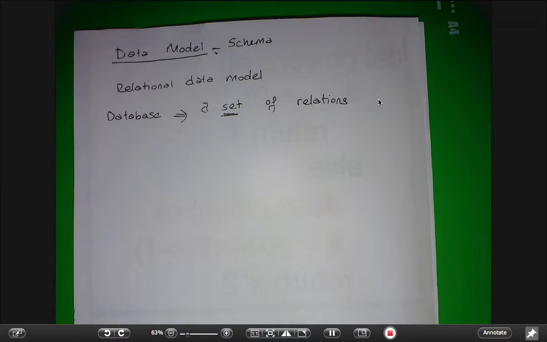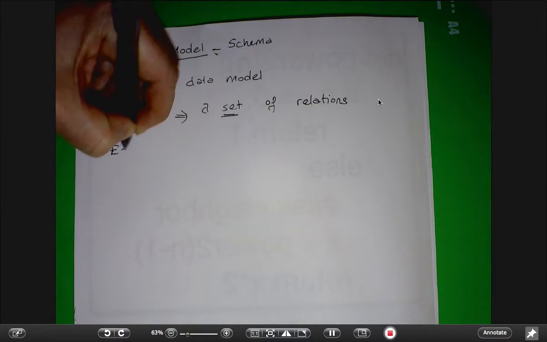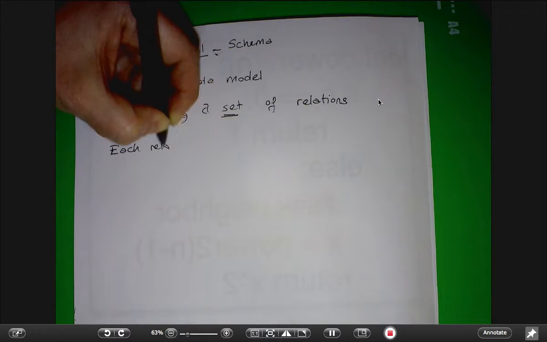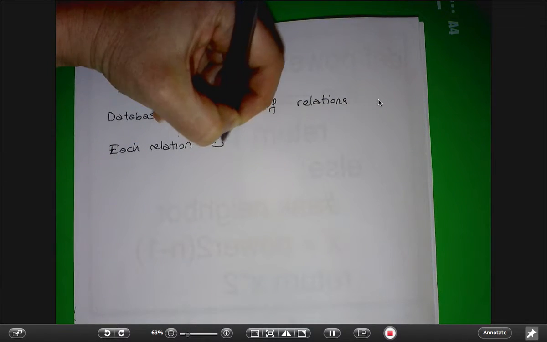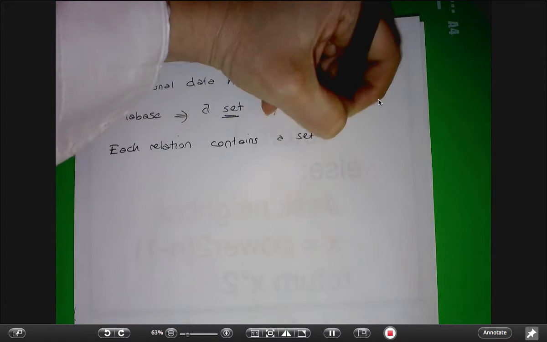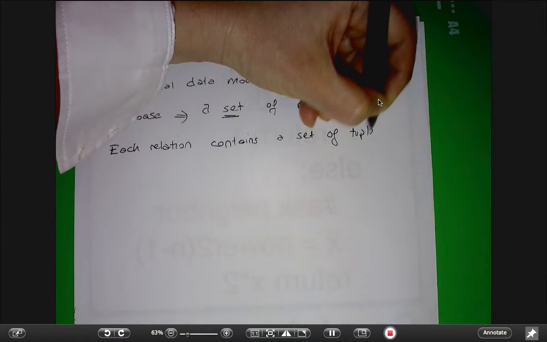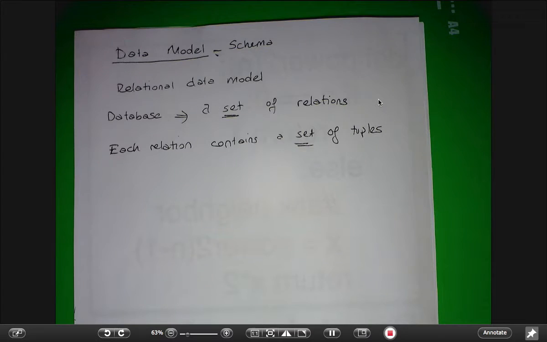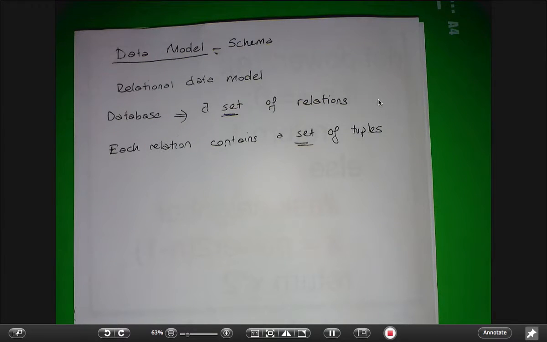Each relation contains a set of tuples. So each relation contains information about some real-life object or some concept that is relevant to your application, and so it contains a set of tuples.